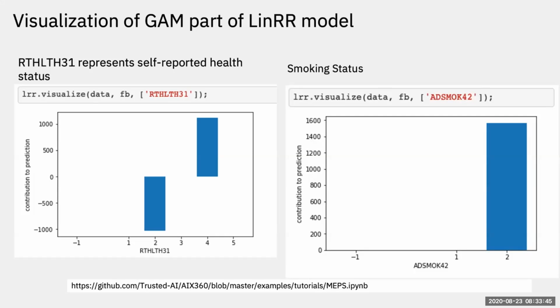We can even look at some other variables. For example, if we look at the smoking status, this again is a very counterintuitive example. A value of 2 here indicates that the individual does not currently smoke. However, the model has assigned a positive contribution to predicted costs for this particular feature. So it indicates that there could be some confounding in the data.